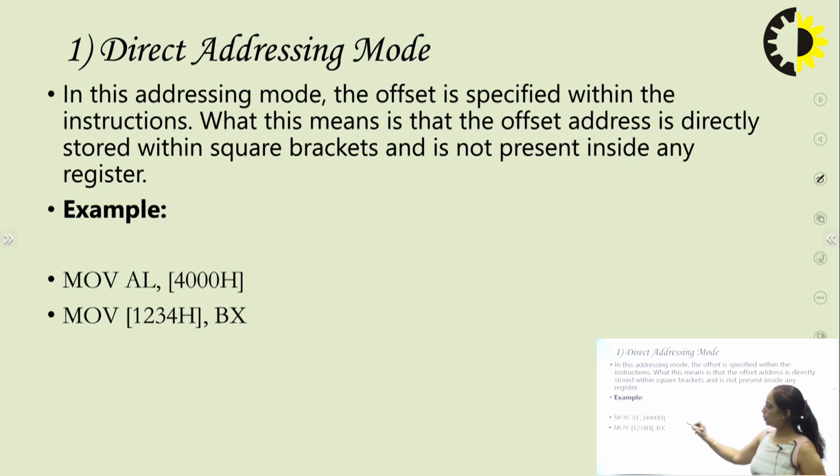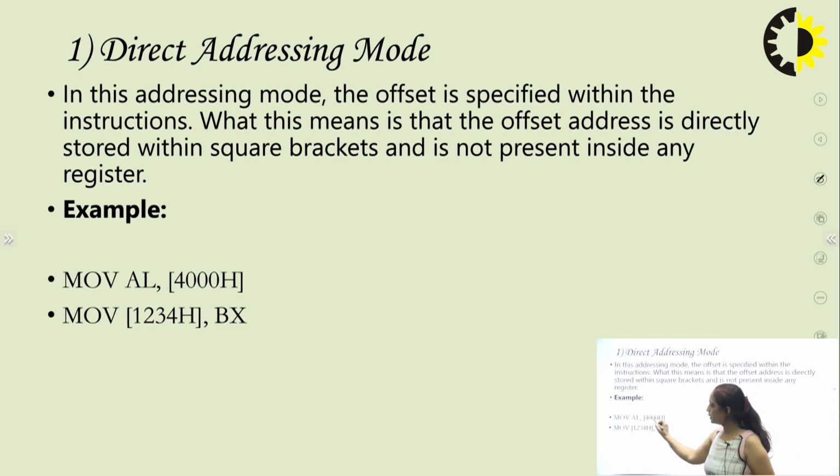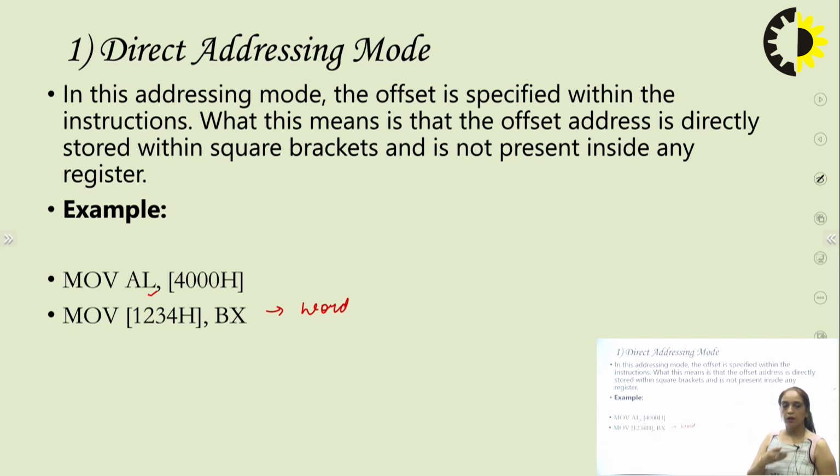Whatever data is present at this address, its physical address will be calculated and that byte will be stored to AL. Then MOV [1234H], BX: whatever data is present in BX, the complete word, will be copied to this address. Its physical address will be calculated, and the lower byte will be stored on the lower address and the higher byte on the higher address.